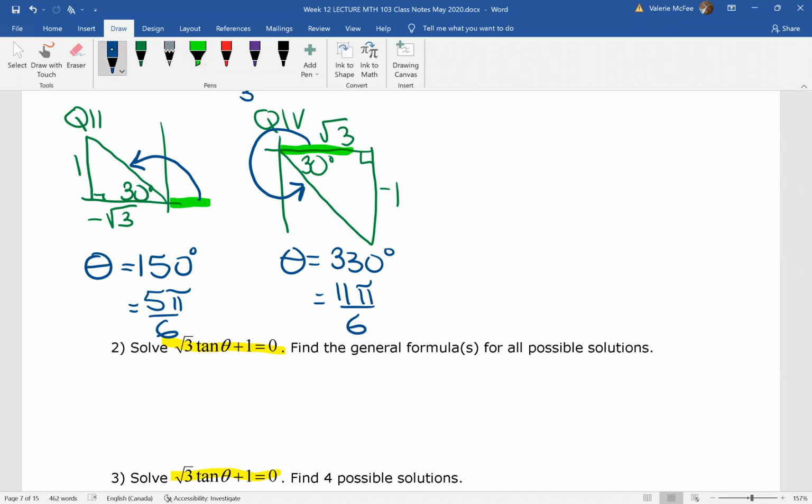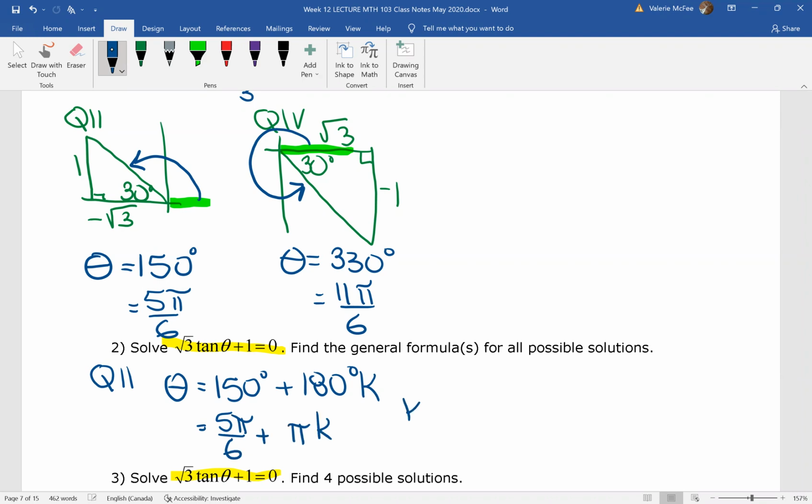We only have a quadrant 2 answer. So in quadrant 2, where theta is equal to 150 degrees, we can apply the general formula. Tangent repeats every 180 degrees K. Or if we're talking about radians, plus pi K, where K is any integer.